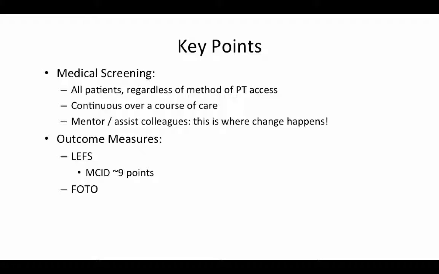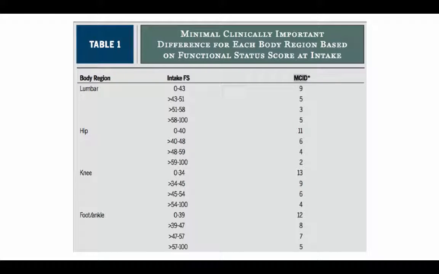I do have some MCID numbers here for you for photo. This is from Rodigero's paper in 2015, if I'm not mistaken. The MCID is a little bit more complicated for photo, but it might be good to just print that table off and cut it out for clinic.